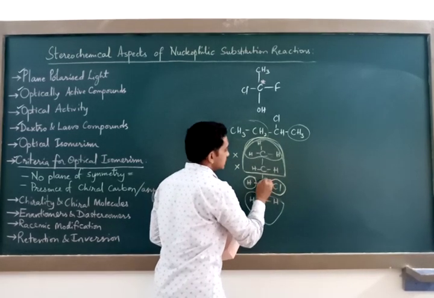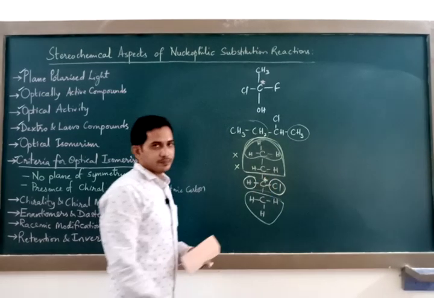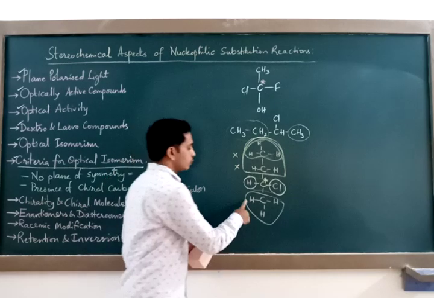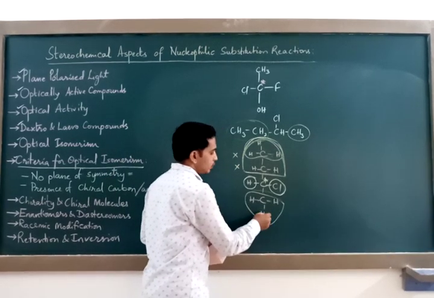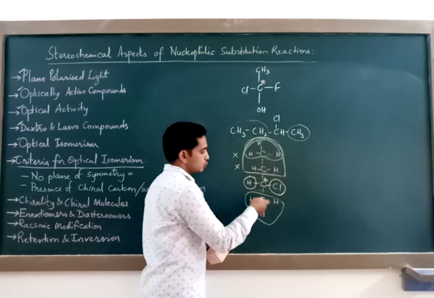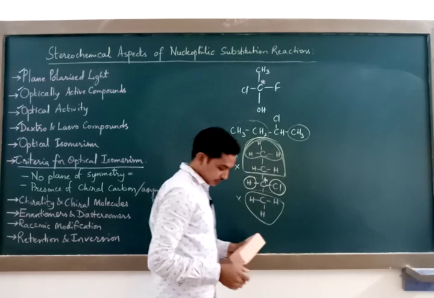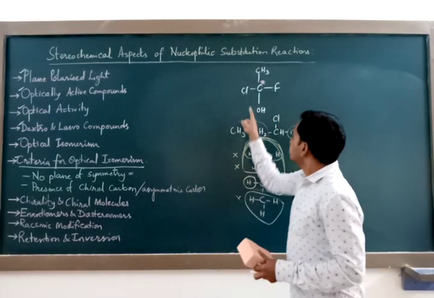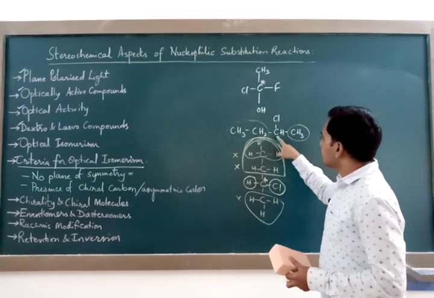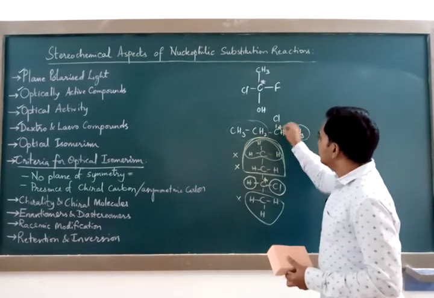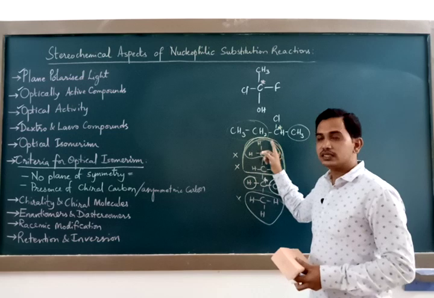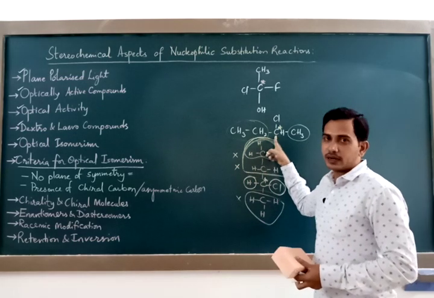Therefore, this is an asymmetric carbon atom. Then 4th carbon, 3 sides same hydrogens, one side different group. So it cannot be an asymmetric carbon atom. So in this example, out of 4 carbons, we have 1 carbon which has different groups attached to it. Therefore, it is an asymmetric carbon atom.